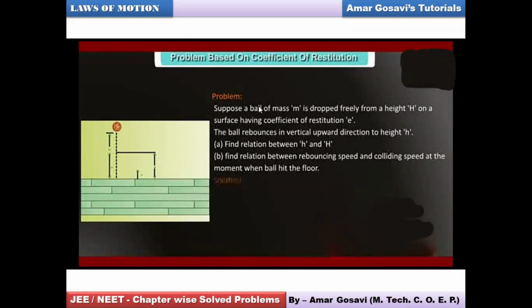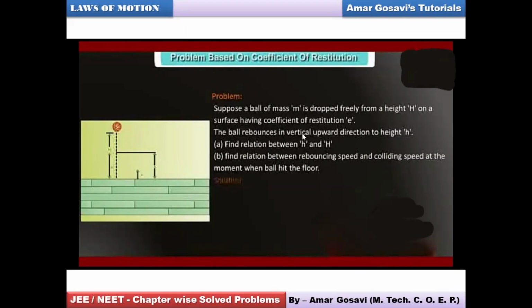The problem says: suppose a ball of mass m is dropped freely from height H. You can see a ball is dropped from height capital H. It will hit the floor and rebound to a height small h. The coefficient of restitution of the surface is e.